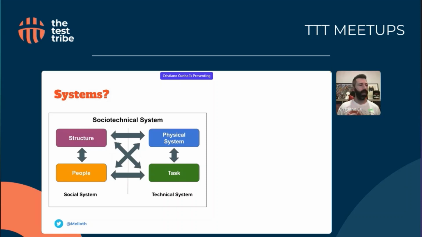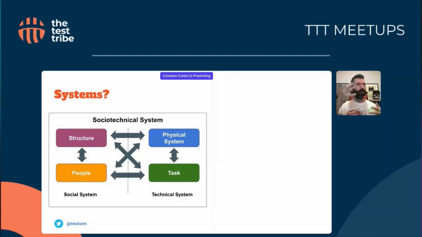Because nowadays, a system is not just an environment. Your organization is not just a system. So we need to consider the structure in here, representative of the structure of your organization. You have the people, and this is more on the social line of the system.